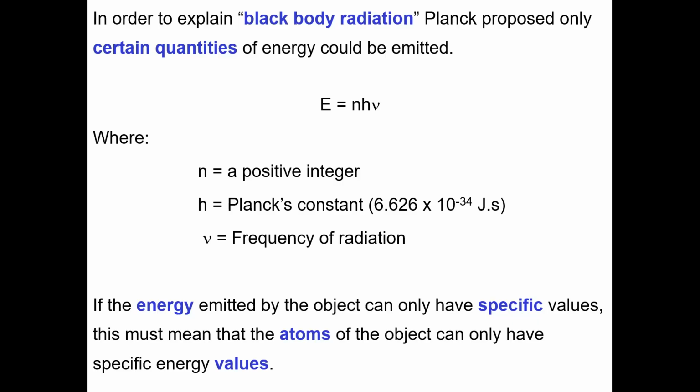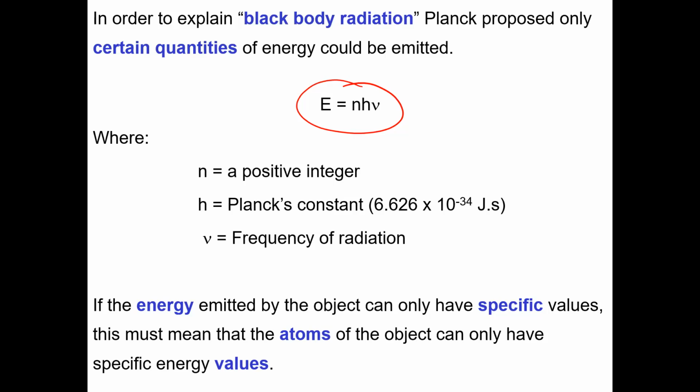So, to explain the shape of the black body curves, Planck said that only certain quantities of light could be emitted by an object. He said that the quantities of light emitted by an object had to follow this formula, which I should say you don't need to know.